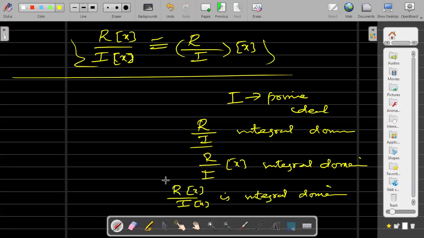So from this we conclude that this ideal Ix is prime. So we have seen that if I is a prime ideal, then Ix is also a prime ideal.